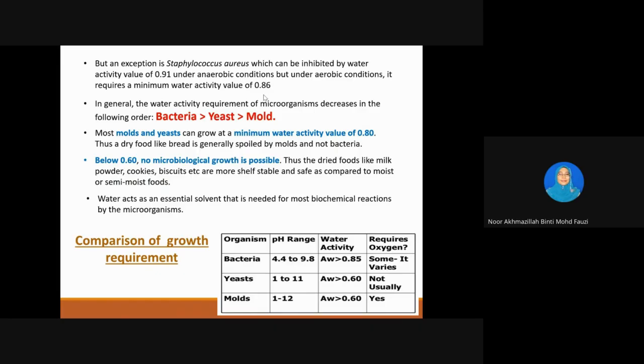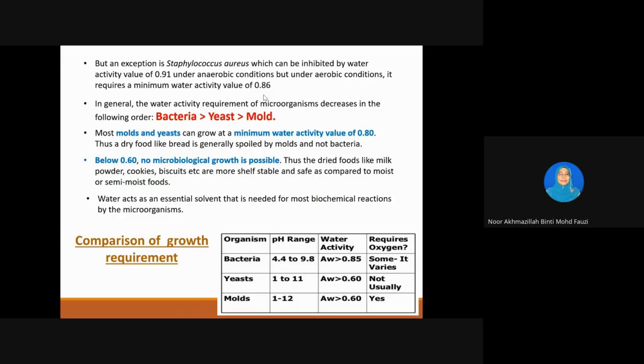This means that even if the food is not so moist, at 0.86, it can still be spoiled by Staphylococcus aureus if put under aerobic conditions. So different microorganisms react differently to water activity.